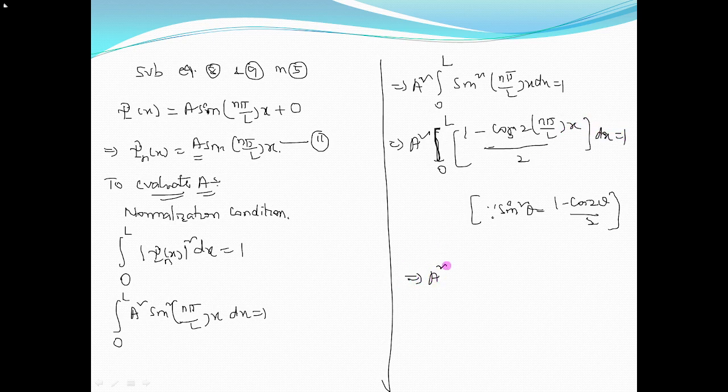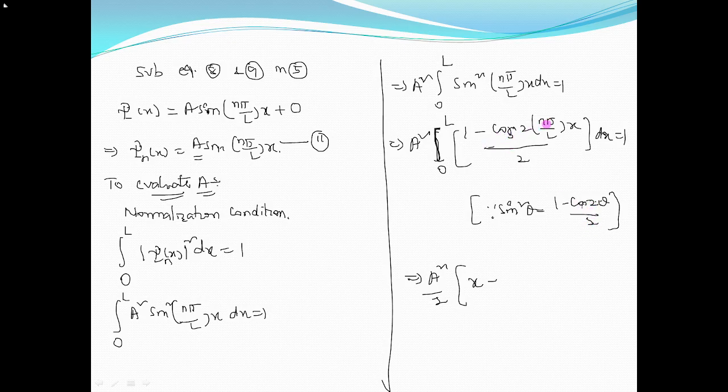So a squared by 2, this is also a constant, bring it outside. Now integrate. What is the integration of 1? x. Minus, what is the integration of cos 2 theta? Integration of cos 2 theta is sine 2 theta divided by 2, this factor divided by this one.